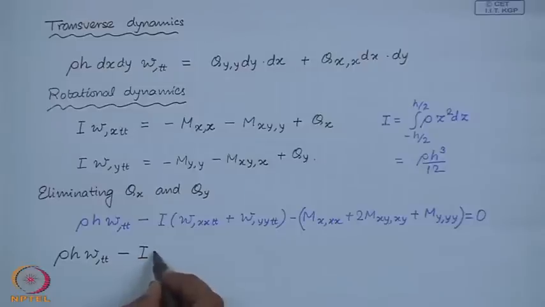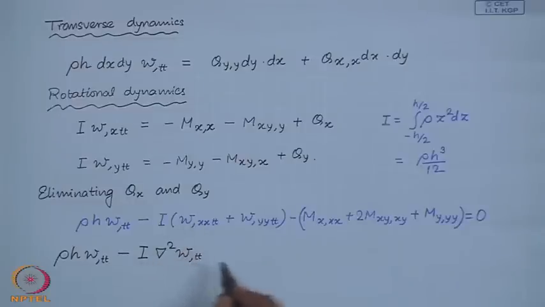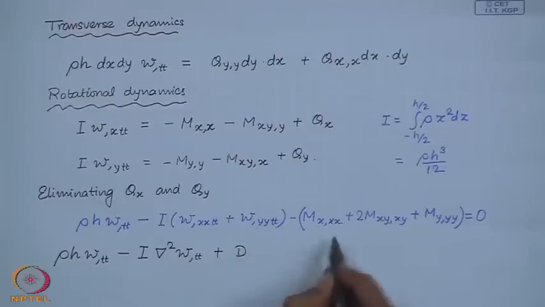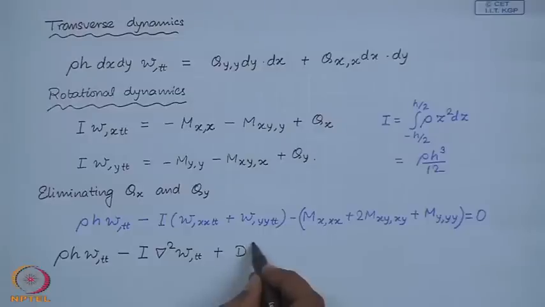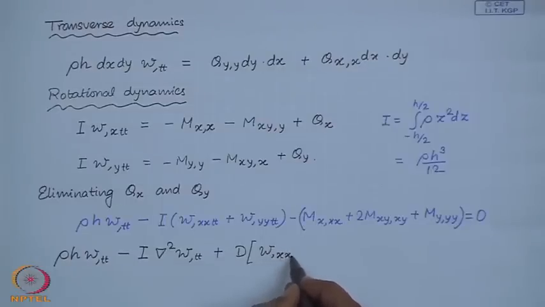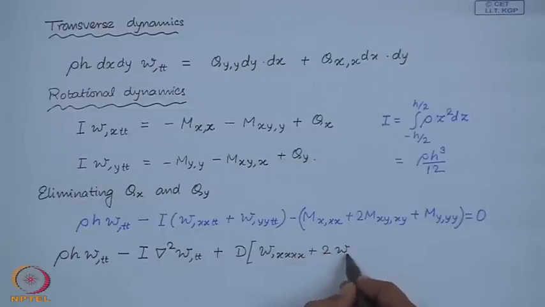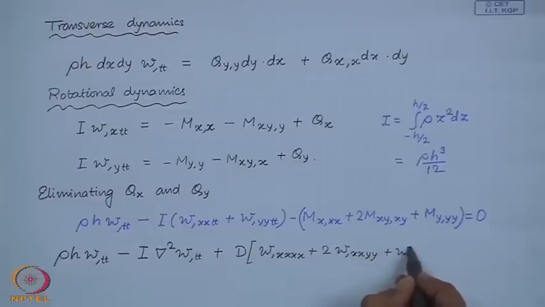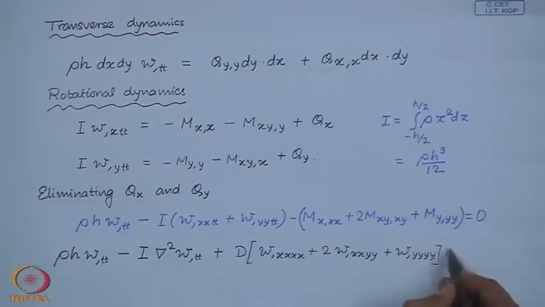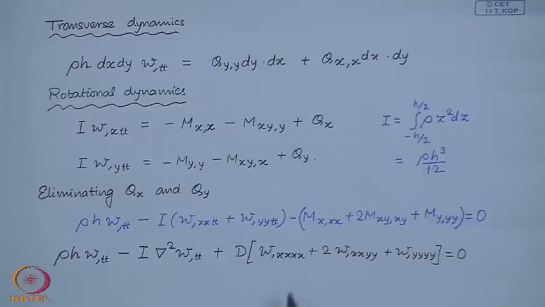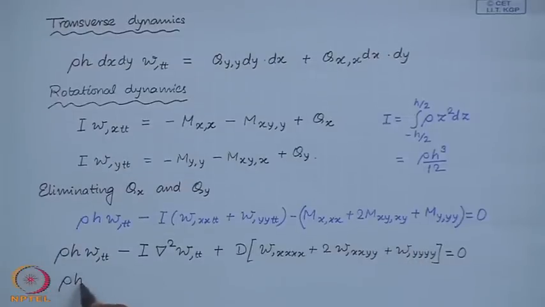This can be written as the Laplacian of w, del square w del t square, plus D. Now, we can write this in a compact form.